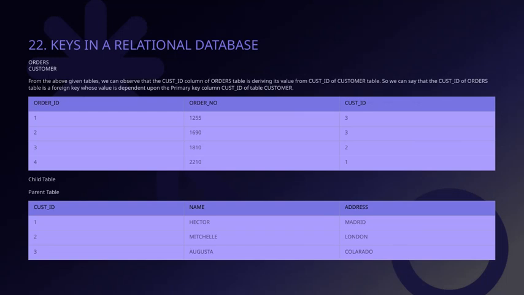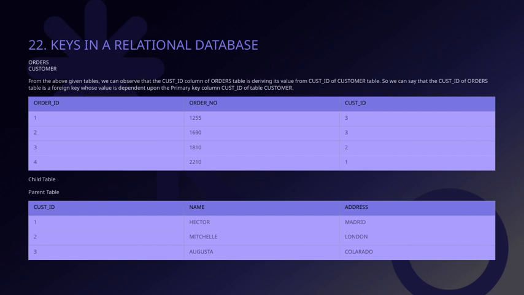Now, looking at these tables, we can see that the CUSDAD column in the orders table is actually referencing the CUSDAD in the customer table. In other words, the CUSDAD in the orders table is a foreign key, and its value depends on the primary key CUSDAD in the customer table. Think of it like a link between the child table, which is orders, and the parent table, which is customer.